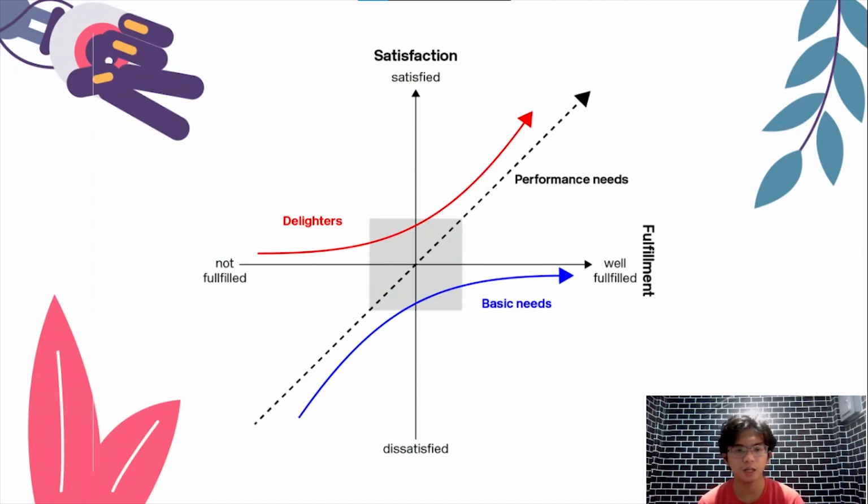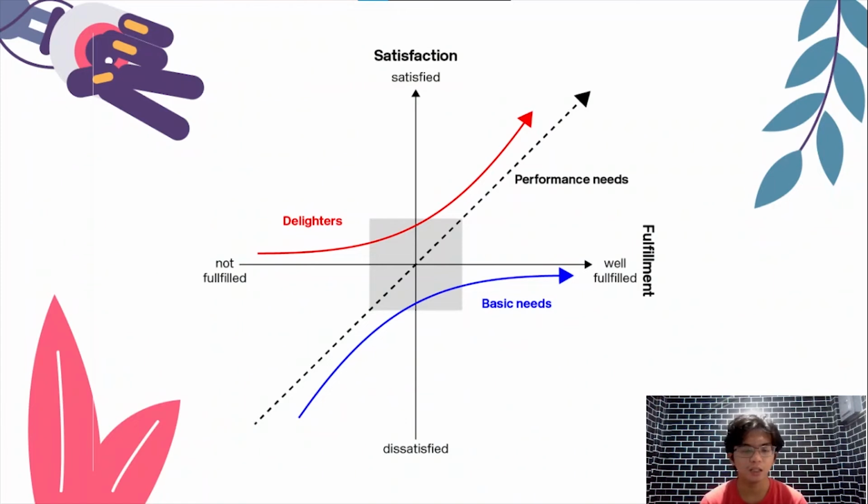Then the second arrow describes the performance quality. That is the straight arrow in the model. It is the same as the basic quality. When the product has better performance, like my earlier example about the longevity or usage of a product, the customer satisfaction the seller gets from the customer is also higher.